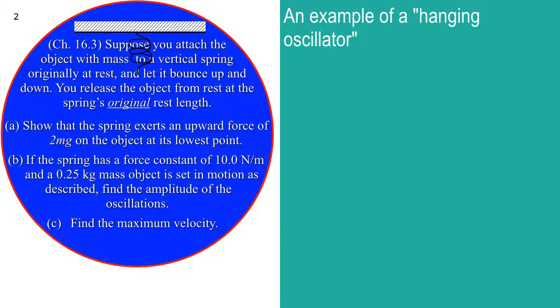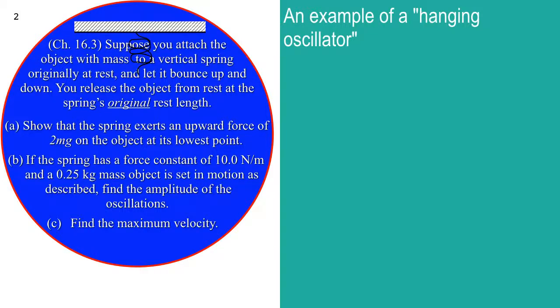Now, from chapter 16.3. Suppose you attach an object with mass to a vertical spring, originally at rest, and let it bounce up and down.